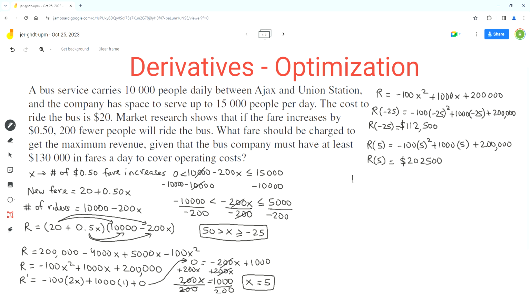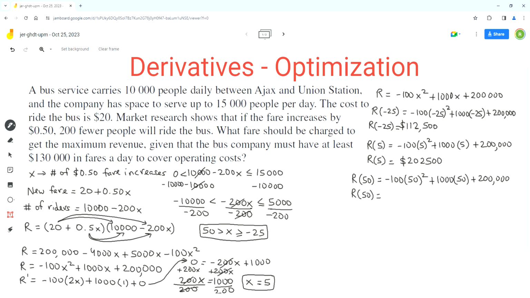Now we can find the revenue for x equals 50. So we do negative 100 times 50 squared plus 1000 times 50 plus 200,000. So the revenue at 50 is equal to, negative 100 times 50 squared plus 1000 times 50 plus 200,000.